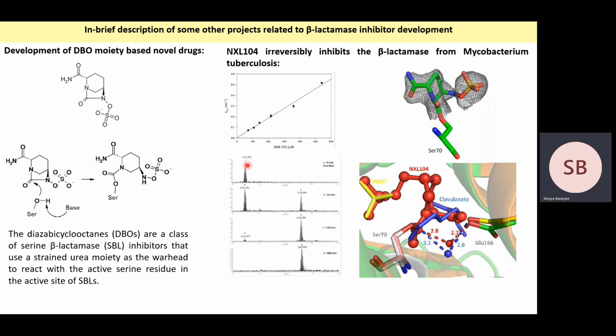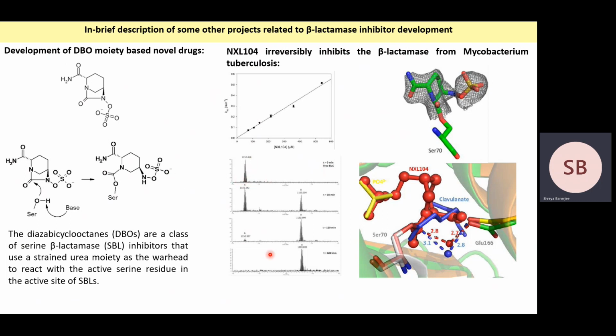So as you can see here, the DBO NXL104 is a kind of DBO which is inhibiting the beta-lactamase from Mycobacterium tuberculosis. If you see this at t equal to 0 minutes, the beta-lactamase is completely present.